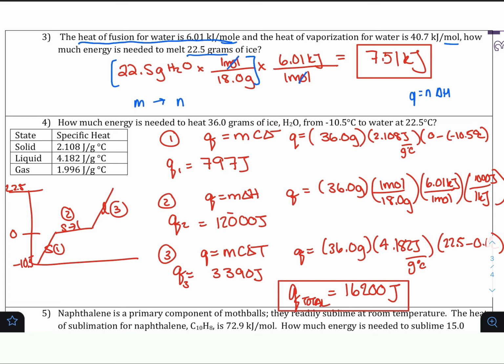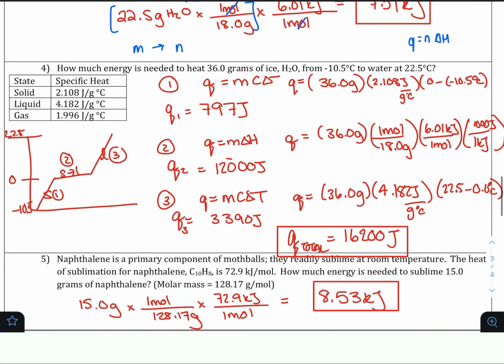Then number 4, how much energy is needed to heat 36 grams of ice from negative 10.5 up to 22.5? Lots of information here. What I want to point you to is this diagram here.